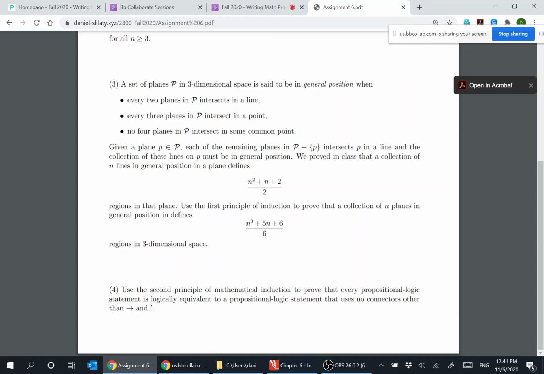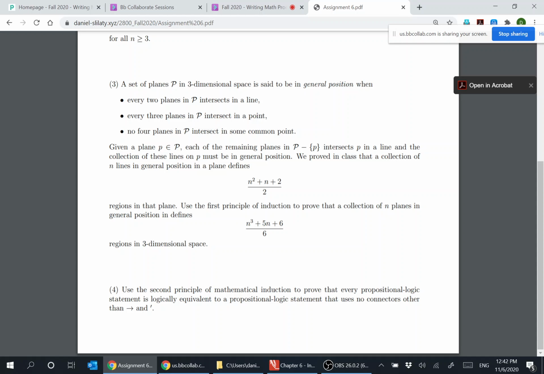So instead of lines, let's talk about planes. So we're going to put a plane in 3 dimensions. A plane in three-dimensional space again cuts three-dimensional space in half. So if you have a bunch of two-dimensional planes passing through three-dimensional space, then again, you're going to define some number of regions.